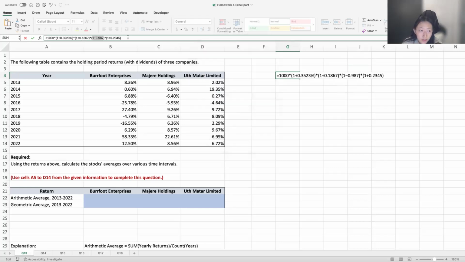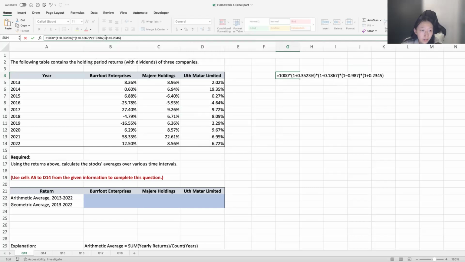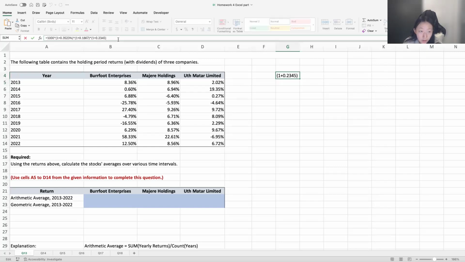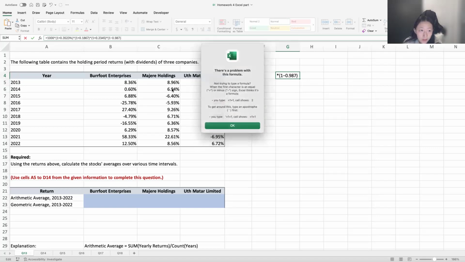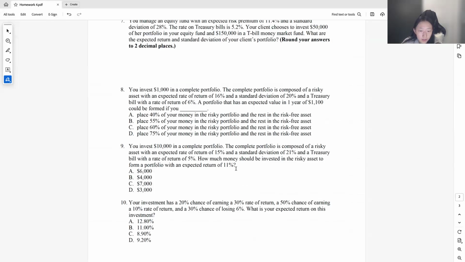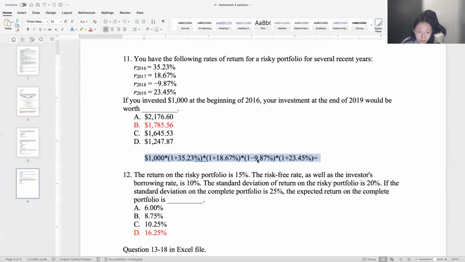Enter. Still not working. Hold on. So the question, 0.0, 0.09.